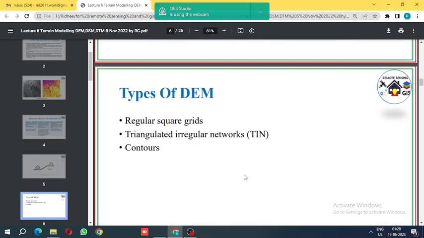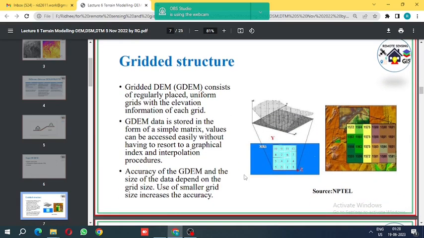Okay, so there are three types of DEM. One is regular square grid, one is triangular irregular network, another is contour. What is the grid structure that we generally see? There will be a gridded raster. The gridded DEM consists of regularly placed uniform grid with elevation information of each grid. Just like your raster data, it will have rows, columns and each cell.